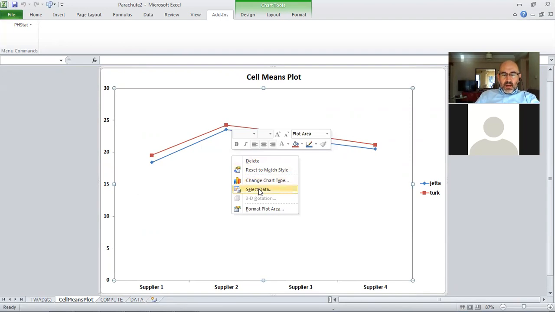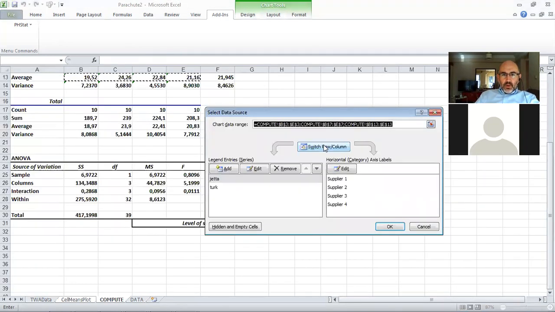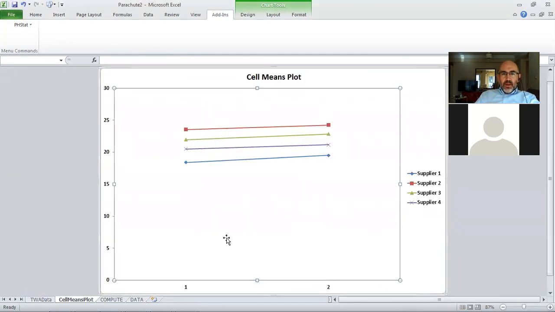So if we switch row and column, we also have now the type of loom shown here, okay, with the suppliers being shown in the vertical axis. So if you want to see the reason that type of loom was rejected, going from 1 to 2, you see there is very little difference, very little change.